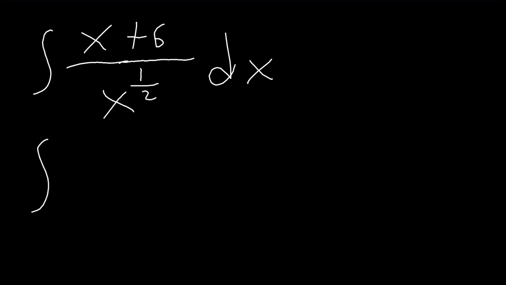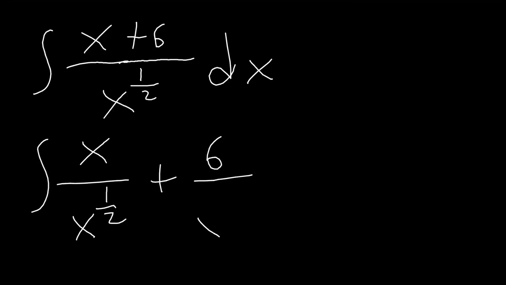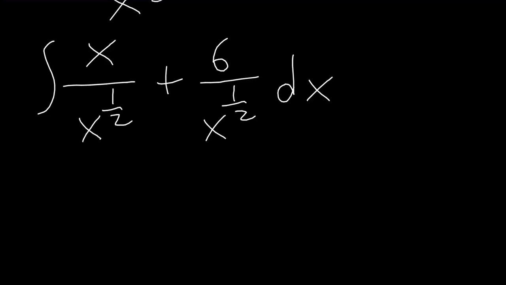I think if we split the fraction into x over x to the 1/2 plus 6 over x to the 1/2, we could then use the power rule for integrals to find the antiderivative.